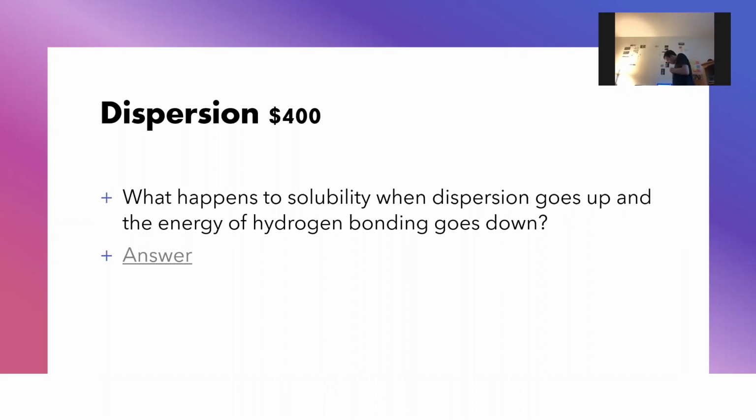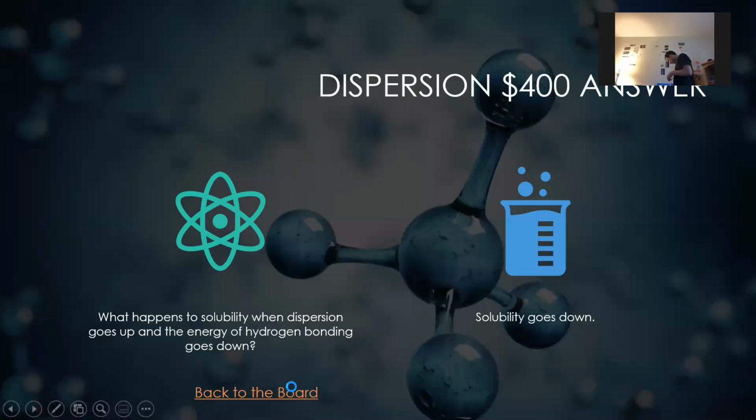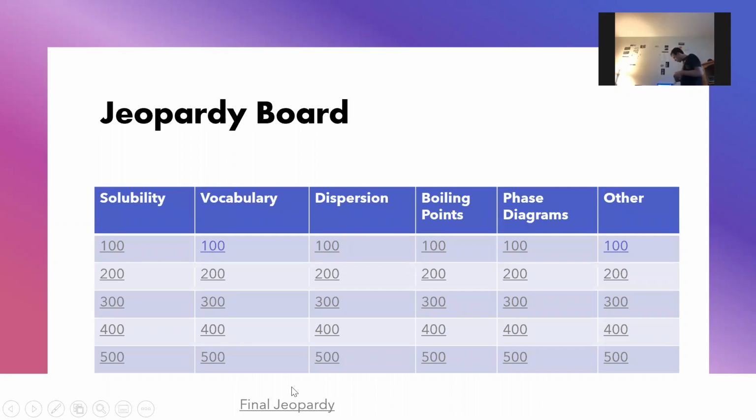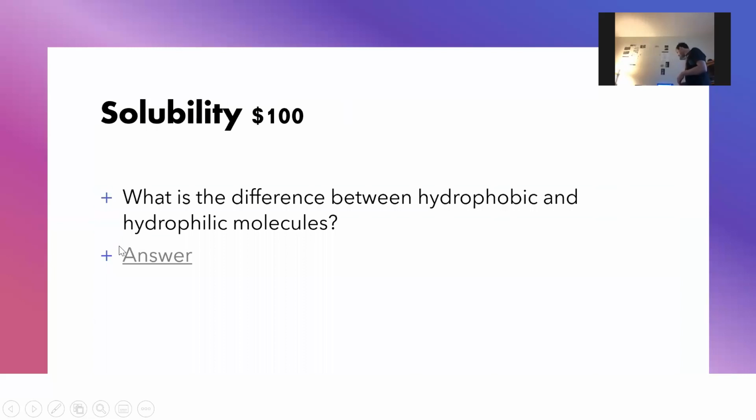All we have left is solubility 1 to 4, and other 1 to 2. Tetra, you have control of the board. What would you like? Solubility for 1. What is the difference between hydrophobic and hydrophilic molecules?